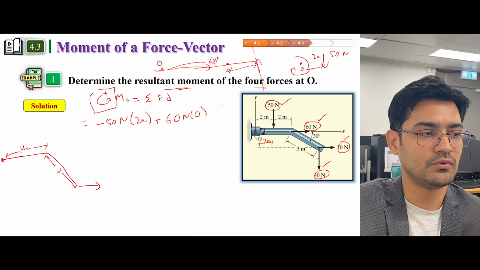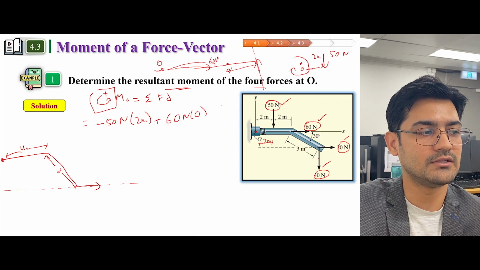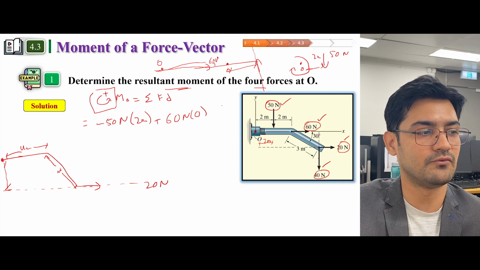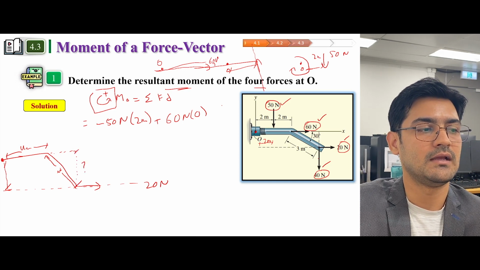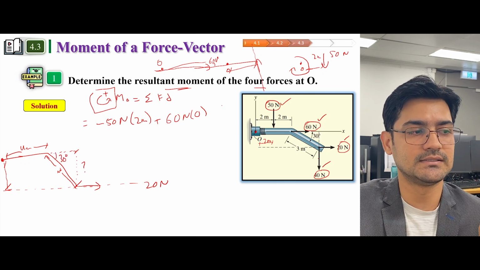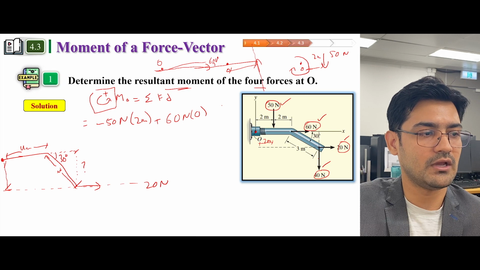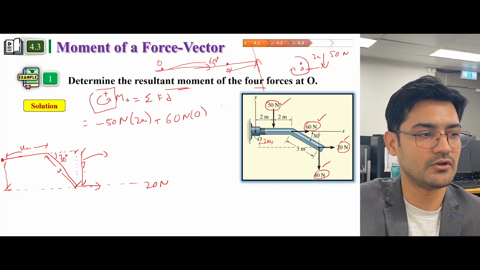Now what we have to do is draw the line of action of the force, and then calculate the distance from the line of action of the force to the axis O. So we are interested in this distance for the 20 Newton force. So what is this distance? Now what do we know? We know this is 30 degrees. So we are interested in finding out this distance.